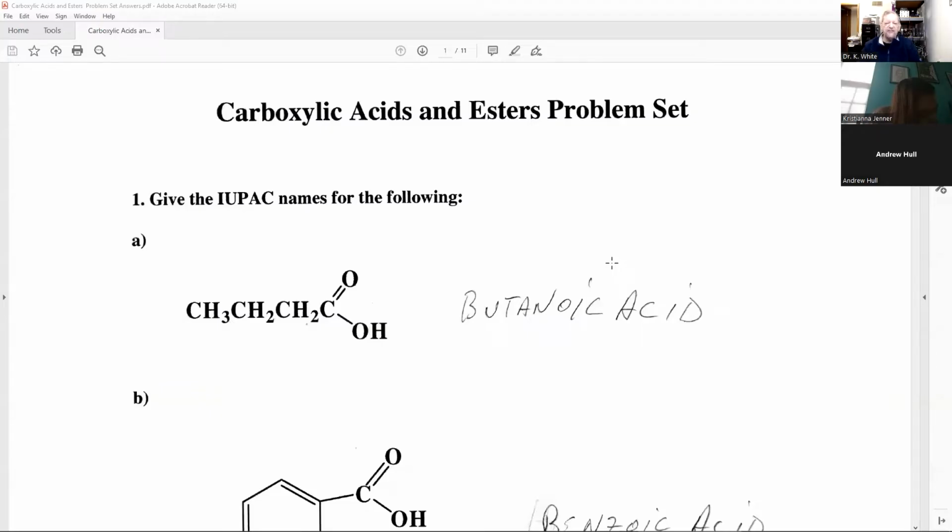I always use that expression. Well, it works. All right. Now I know where I should be. All right, let's get started. Everybody say carboxylic acids ester problem set.